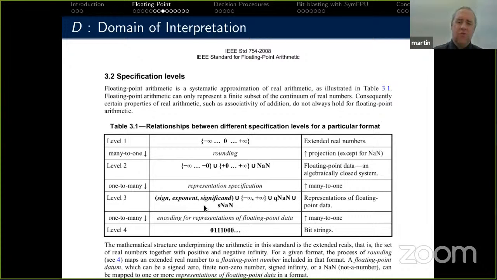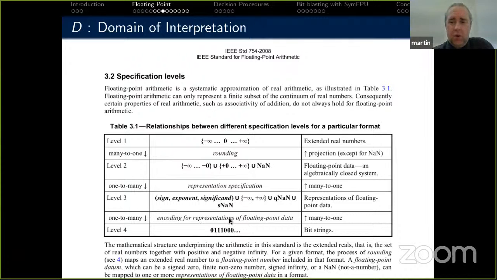We formalize roughly at this level. So we've got sign, exponent, significand, positive, negative. We only have one NaN. Notice also the difference between level 2, where we have the 2 zeros, and level 1, where we only have 1. So it's really this level we're at.